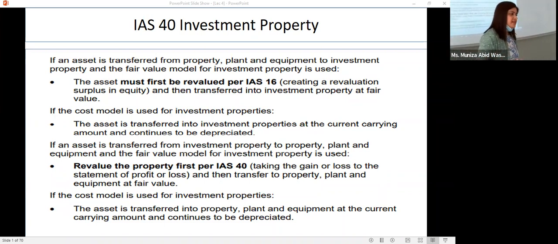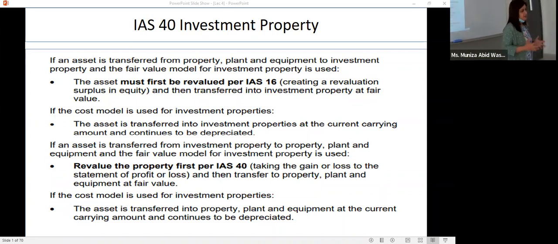Now, we had discussed that initially, when we have to measure an investment property, it will be measured on cost basis. We are going to measure initially the investment property on its cost. That is a similar point which we have discussed in the case of IS 38 and IS 16. IS 38 is yet to be discussed, okay? But in F3 we have already discussed.